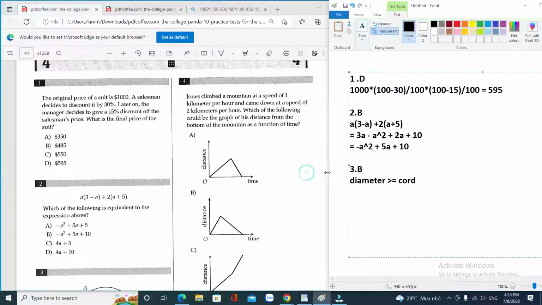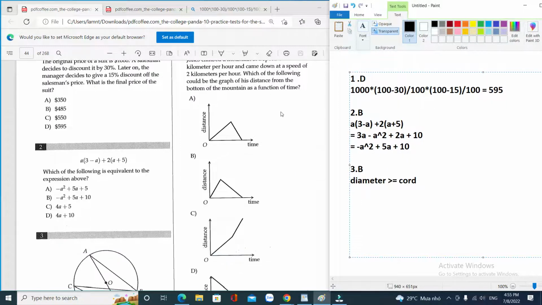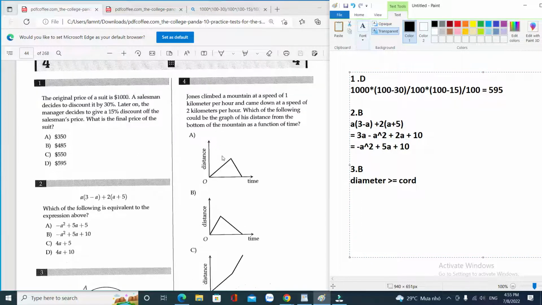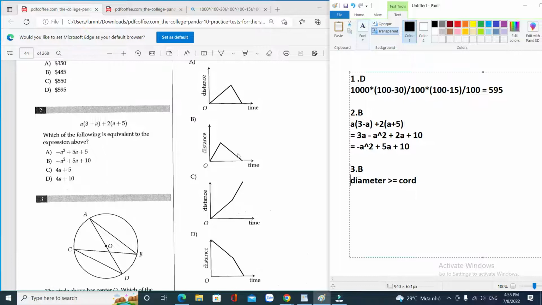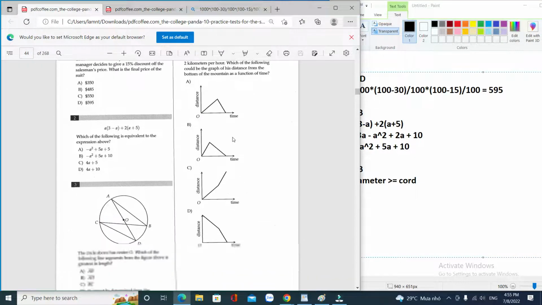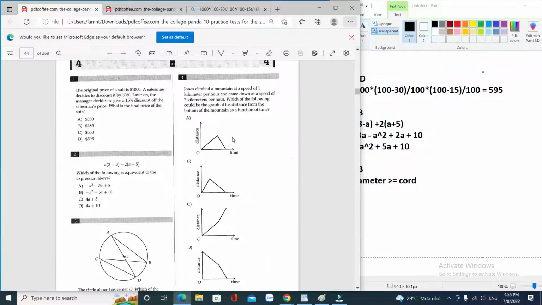Okay. John climbed a mountain at a speed of 1 kilometer per hour and came down at a speed of 2 kilometers per hour. Which of the following graphs could be the distance from the bottom of the mountain as a function of time? Okay, so we know that it should be A or B, right? It is the 4 graphs here.